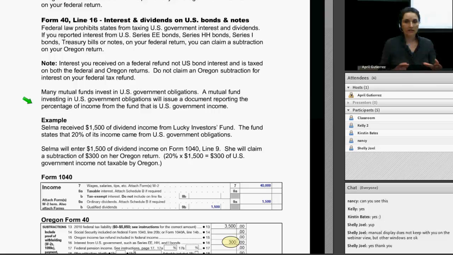So if you are preparing tax returns for a client that has income or residency, say, in California, the California calculations for this subtraction type item are different than Oregon's. In California, a certain percentage of the fund has to be invested in federal bonds before California allows a subtraction. And on Oregon, any percentage is going to create a subtraction.